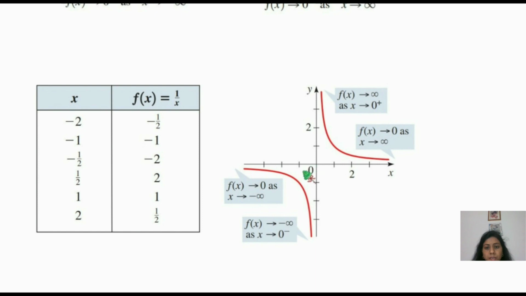From the left side, f(x) tends to negative infinity; from the right side, f(x) tends to positive infinity. And for this one, f(x) tends to 0 as x tends to infinity. X values larger means f(x) tends to 0, very close to 0. Here f(x) tends to 0 as x tends to negative infinity.